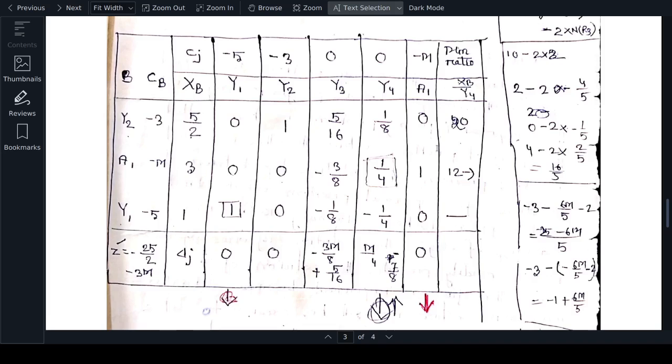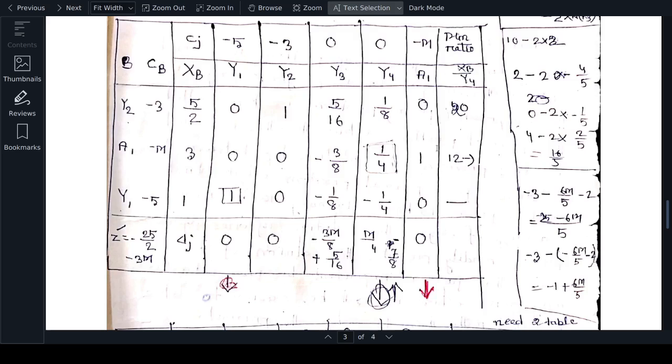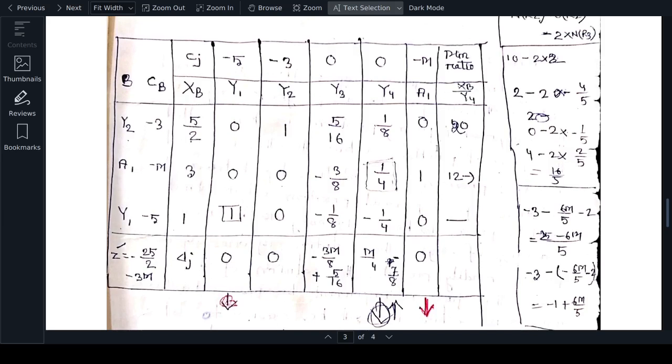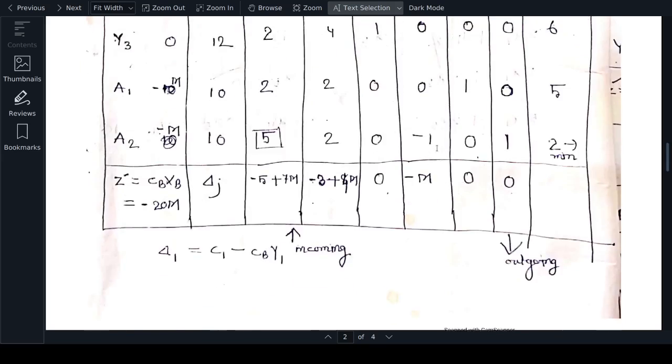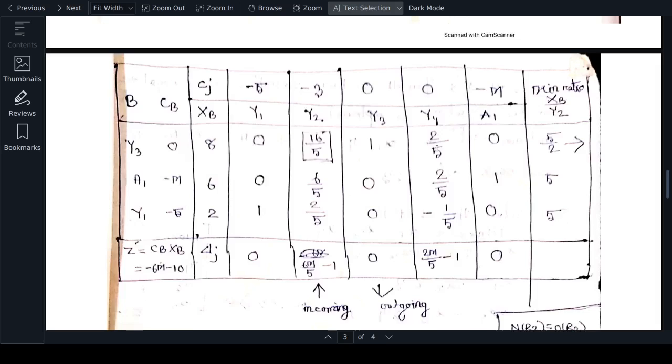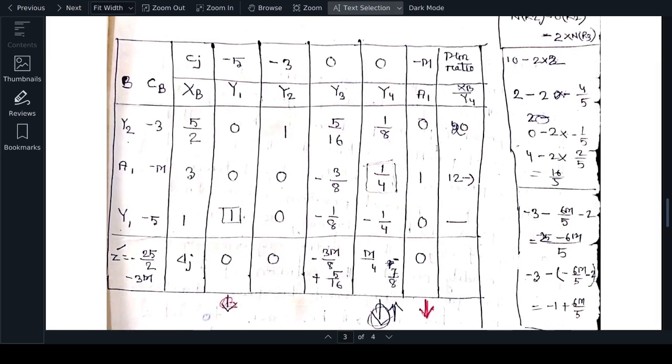And actually, after calculating this one, if the outgoing variable is our artificial variable, then in the next table there is no rule for the artificial variable if outgoing. If not outgoing, then it activates some rule, but if outgoing, then it does not activate any role. So we will leave this column forever.